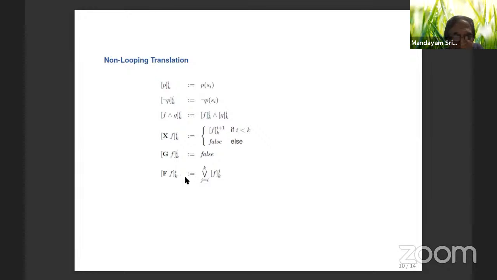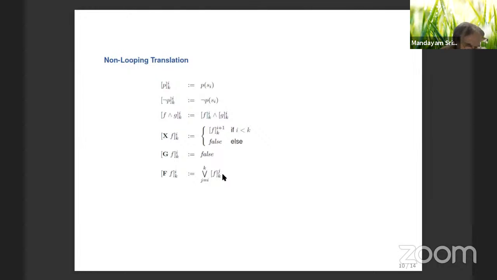Here you should read it as a disjunction of the formula that you generate for F on each of the suffixes starting from I to K. Okay, it's a big disjunction of the property formula that you get for F starting from J to K, for J all the way from I to K. So this is a disjunction of several translations of F from positions starting from I to K.